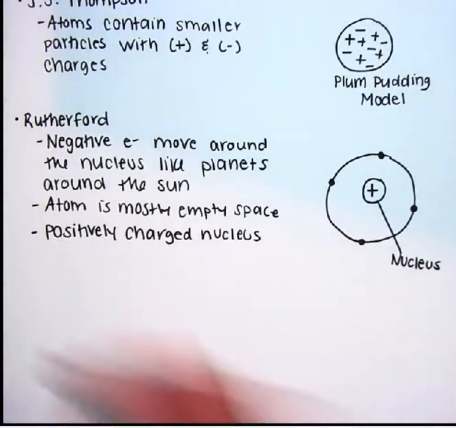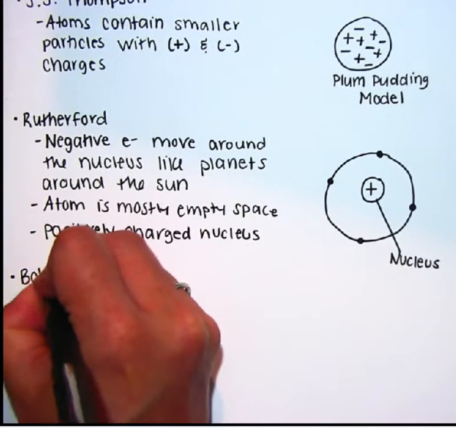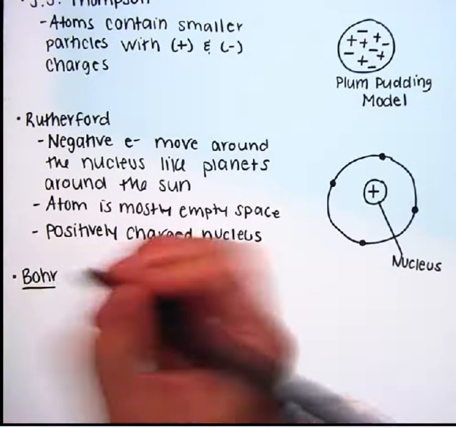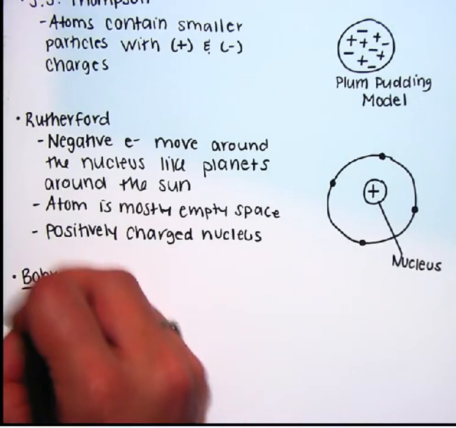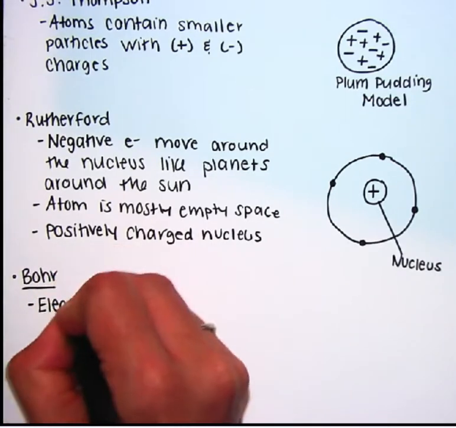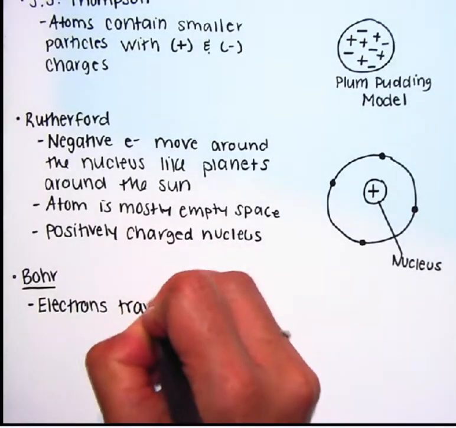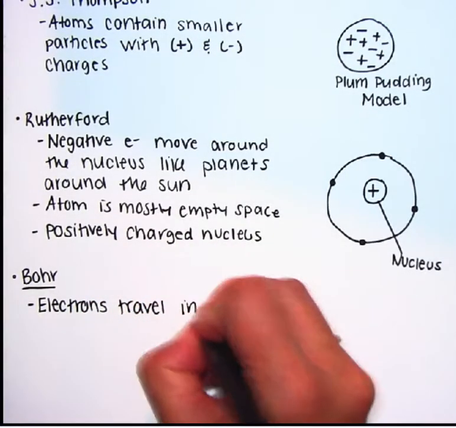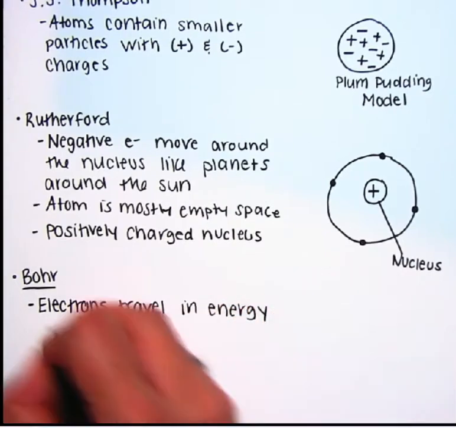After Rutherford comes Niels Bohr. So Bohr improved upon the Rutherford model because he discovered that electrons travel in energy levels.